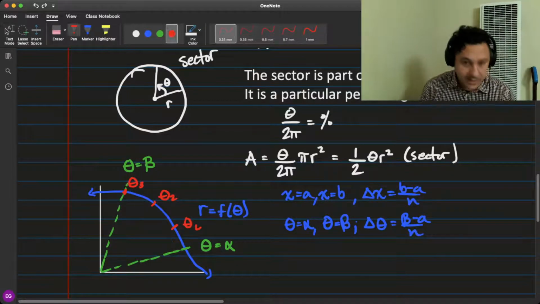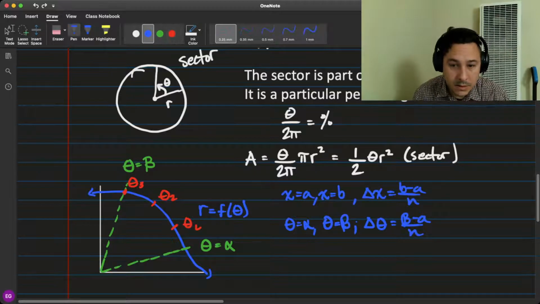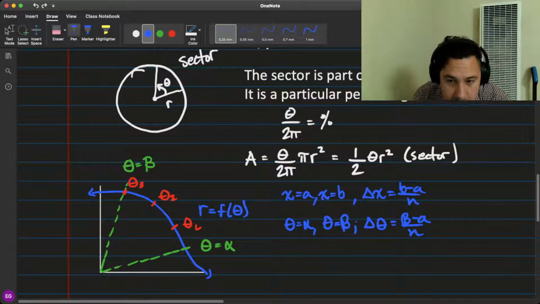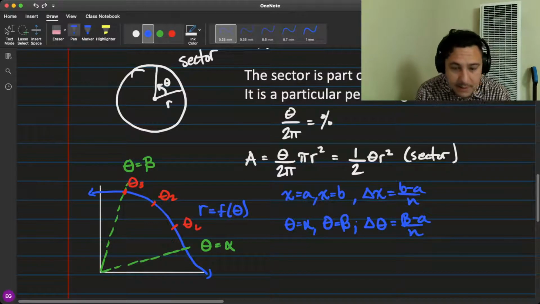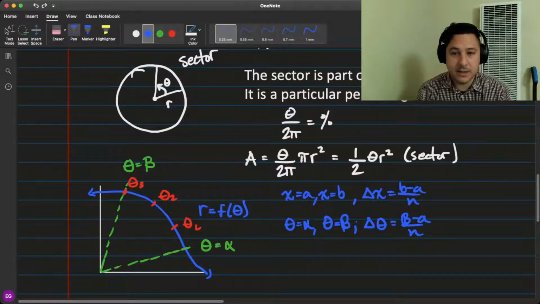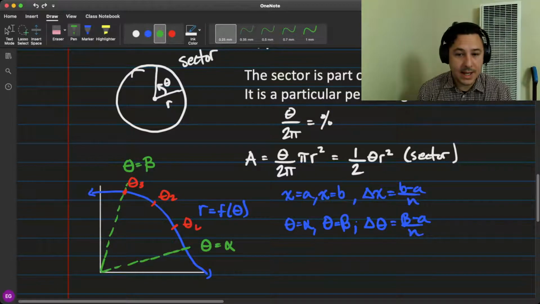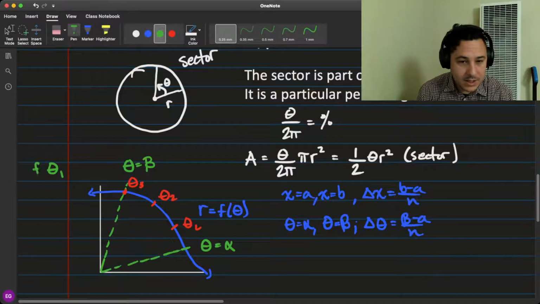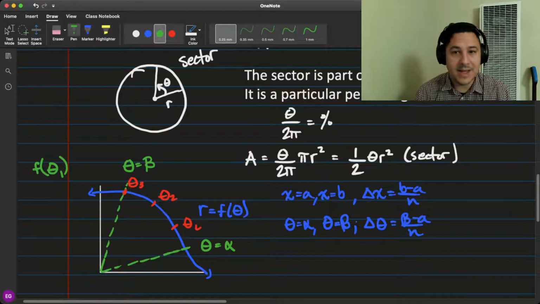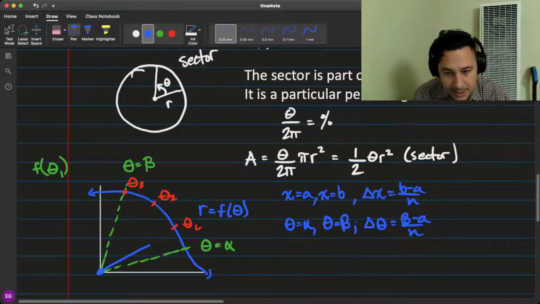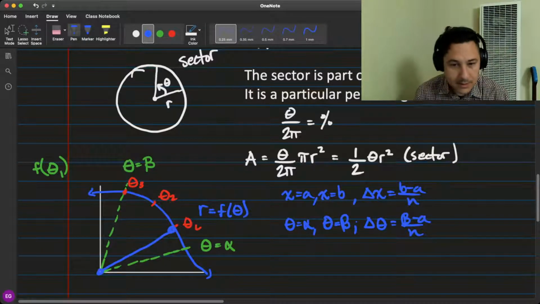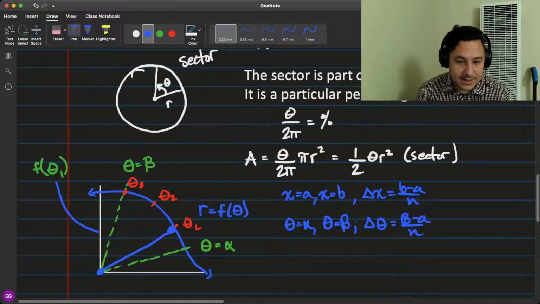Now, theta 1 is a number. Remember that r equals f of theta? So if you plug theta 1 into f, that gives you the distance from the origin to right here. So the length of this is equal to f of theta 1.